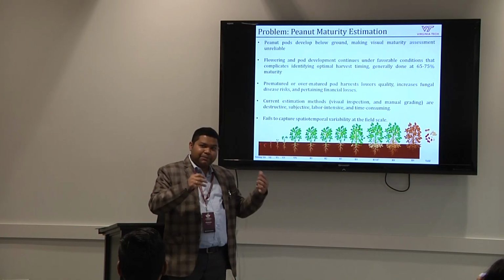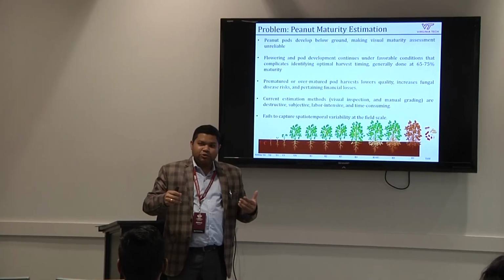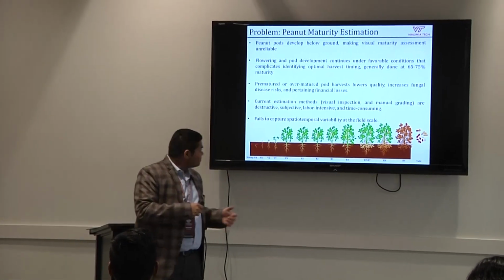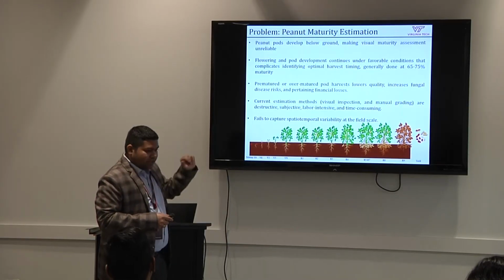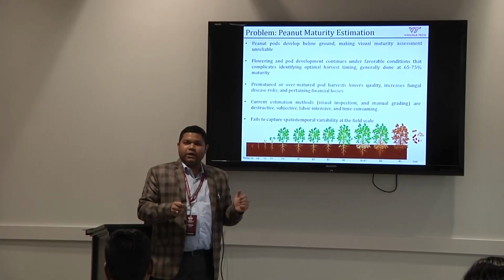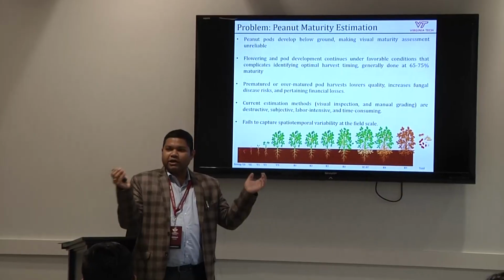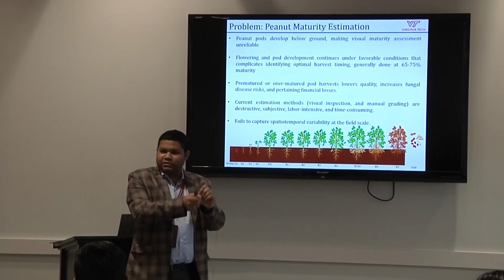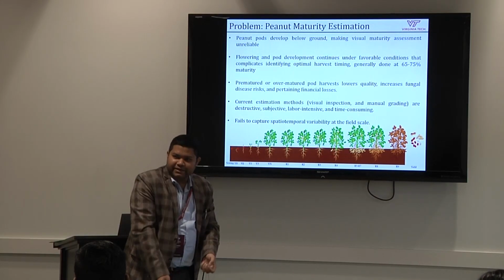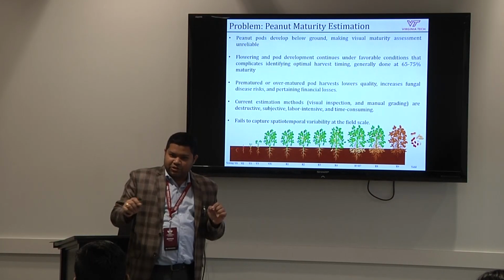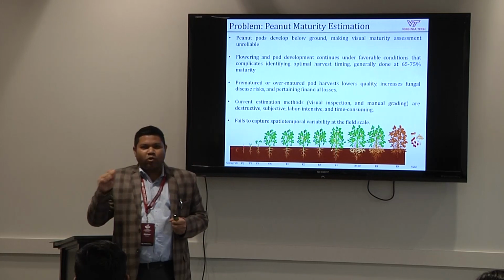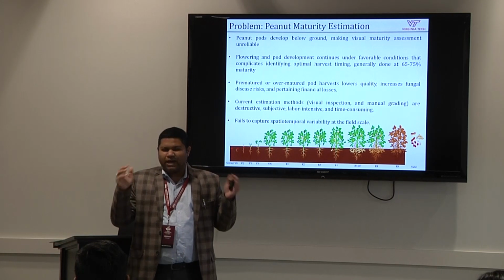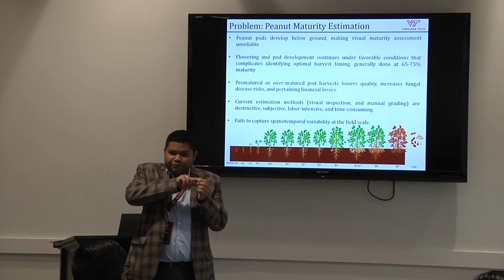Now that becomes a big problem when farmers need to plan their resources better for precision harvest, and that's where we come in. Conventionally, peanut maturity is determined by growers walking down the field of a 500-acre farm or a 100-acre farm, and they pick 3-4 samples from the middle of the field. They dig those out, they remove the peanut pods, and then they use a pressure washer, water at high pressure using turbo nozzles, to remove the outer layer of the peanut.